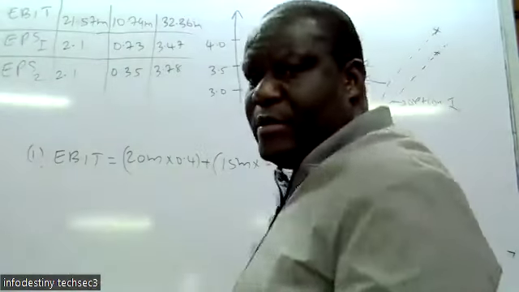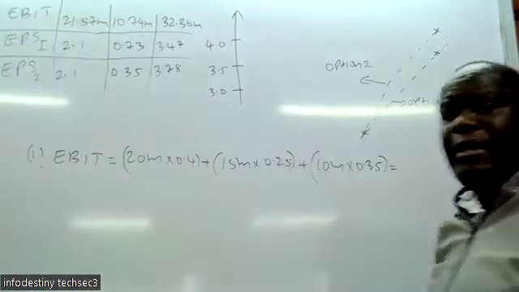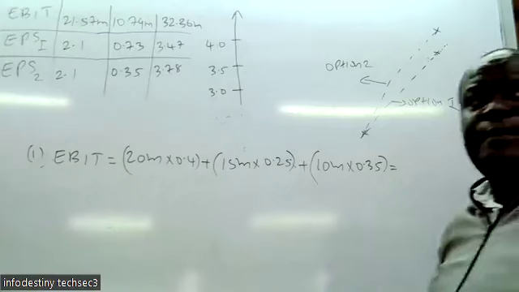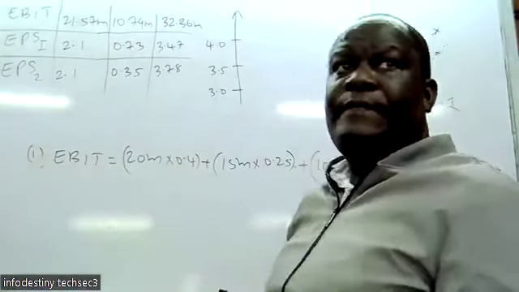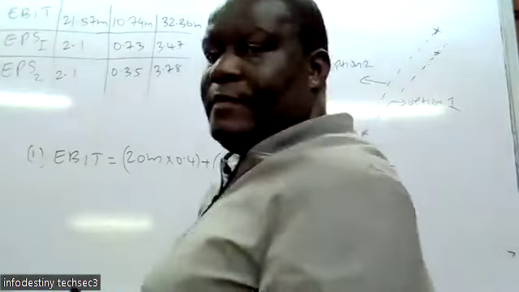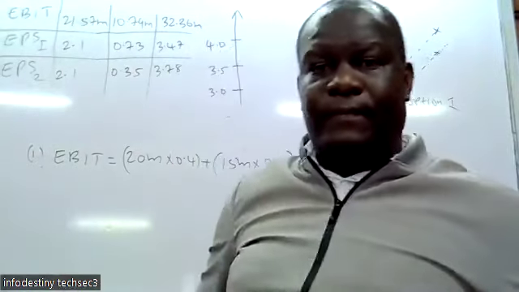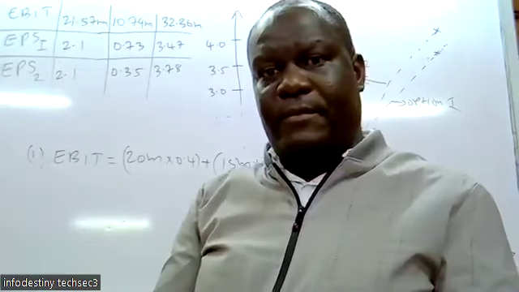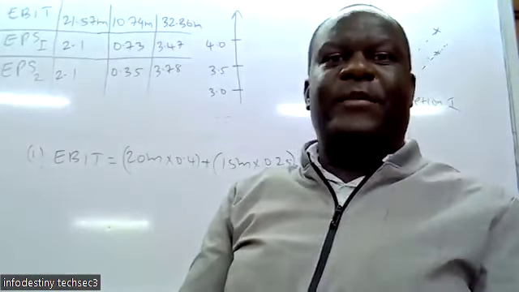Add them together and you get your expected earnings before interest and tax. So which figure is it coming to?